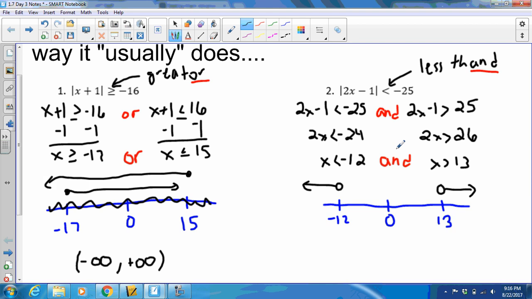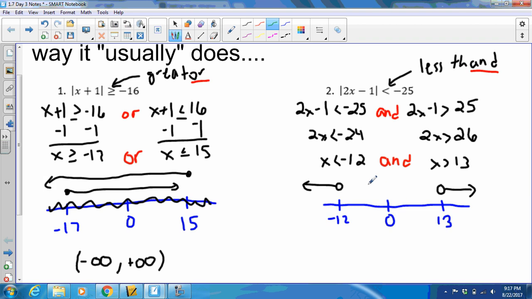And now let's talk about what happens with this. Remember what "and" means. It means that you have to satisfy both conditions. So any x value has to satisfy that x is less than negative 12, and it has to satisfy that it's greater than 13. Now you're thinking, well, how do I know it satisfies? Let's choose a number in between negative 12 and 13. Let's just say we pick 0.